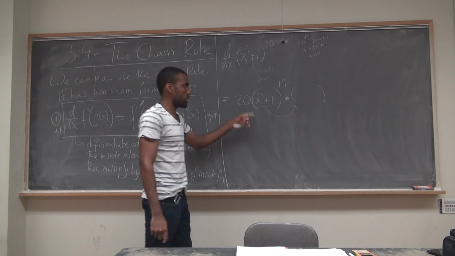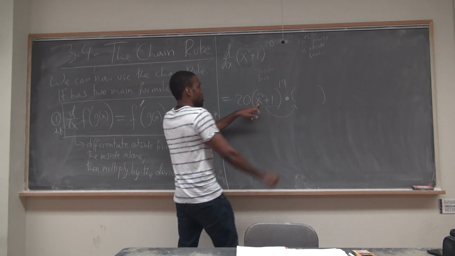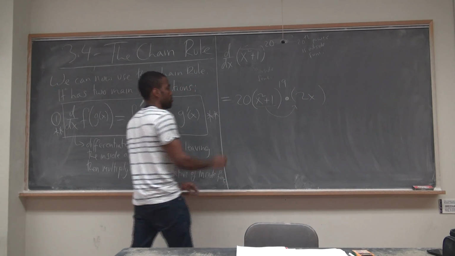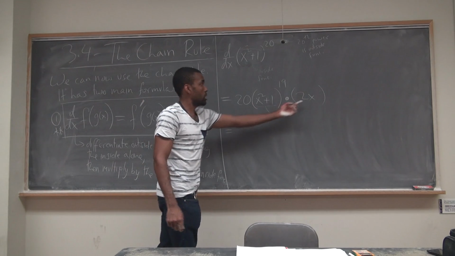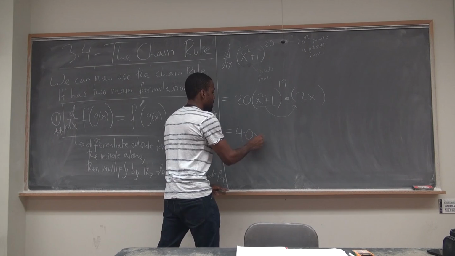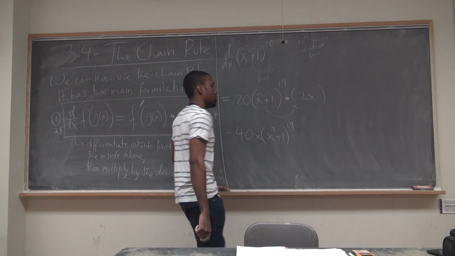Open parentheses just in case, because if there are several terms, you want all of them multiplying it. This would just be 2x. Derivative of 1 is 0, so that's it. And that's actually your answer. I can simplify a little bit. Take the 2x times the 20. I get 40x times x squared plus 1 to the 19.